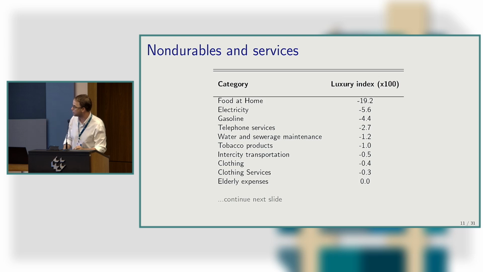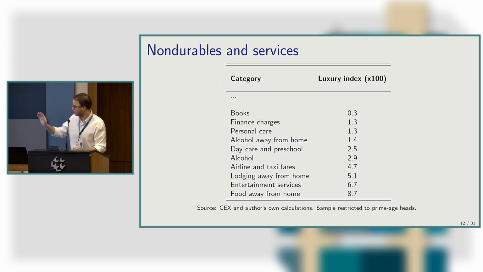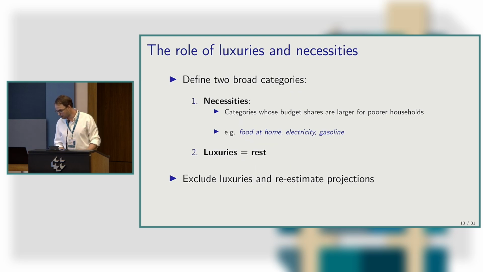Electricity, gasoline, telephone services, etc. And at the end of the list, and this is excluding durables, so only non-durables and services, we have food away from home, entertainment, like restaurants, the most luxurious components of consumption within non-durables and services. So then, I define two broad categories of consumption: necessities, which are the categories with the lowest luxury index, such as food at home, electricity and gasoline, and I'm calling luxuries the rest.